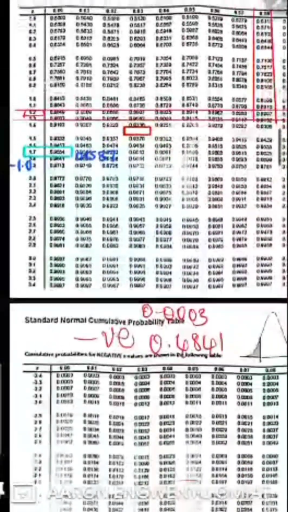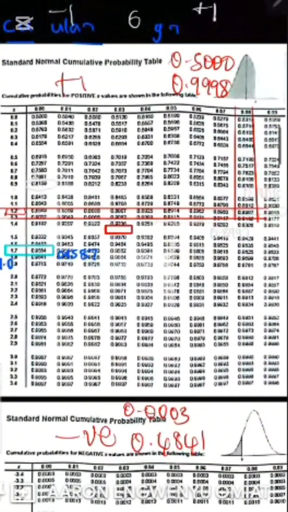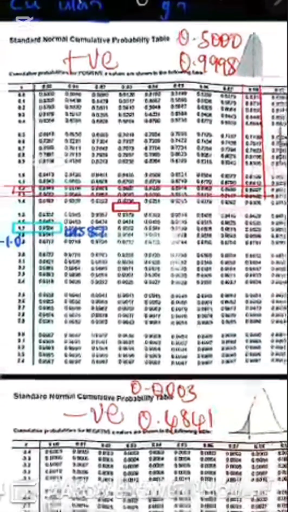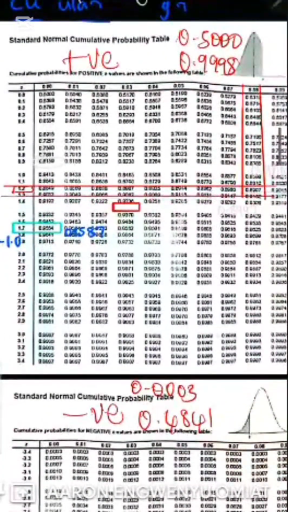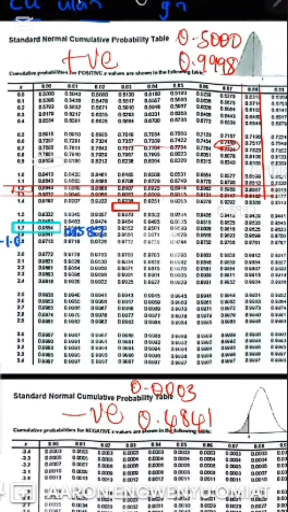For positive 1, we go to the big table, the positive table. For less than 0.75, we look for 0.75, which is somewhere here, 73, 74, 75. I think it's here, and it corresponds to 0.67.